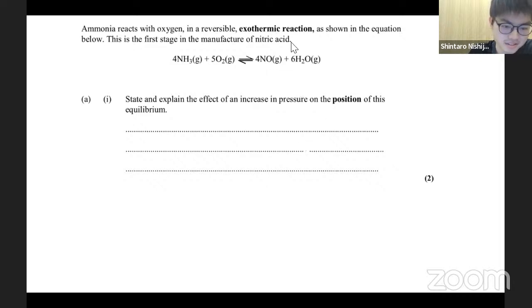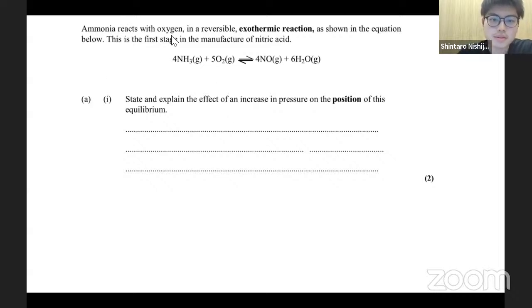Okay, I see a lot of people putting left. Looks like no one is putting right, so everyone is putting left. And you're all correct. It shifts to the left.